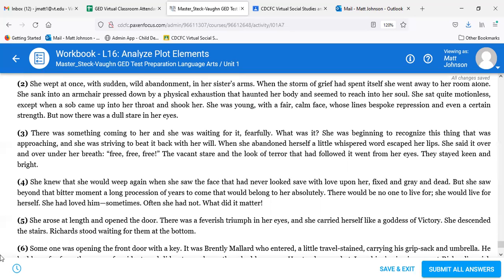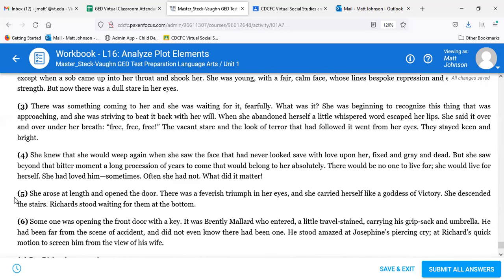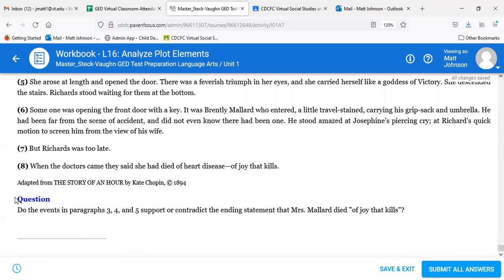There would be no one to live for. She would live for herself. So what do you think? Contradict. Yeah, it actually contradicts. It's a little bit of a bizarre ending. So number 14 is contradict.